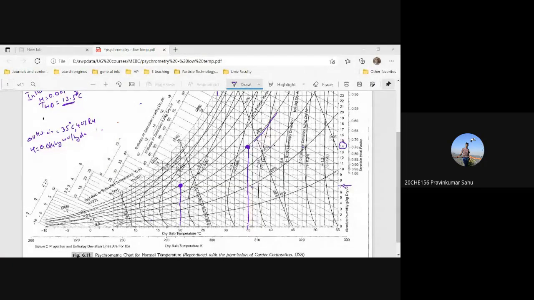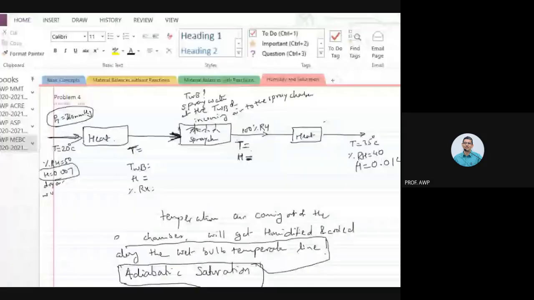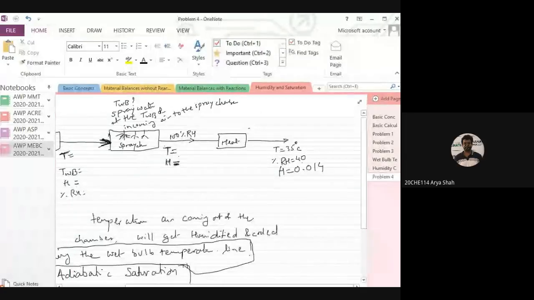Okay, one second. Let me open the notebook again. Today I'm not able to present the whole screen. There's some problem. Okay, so what is your answer?